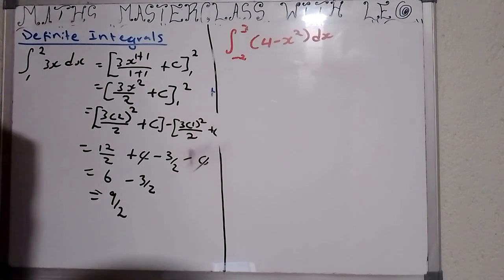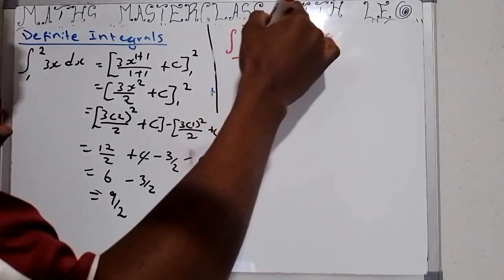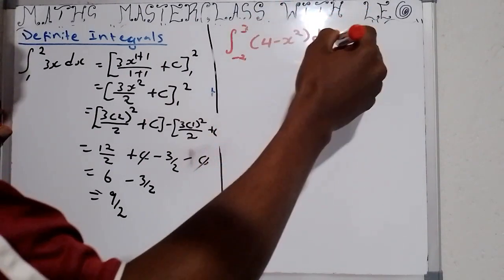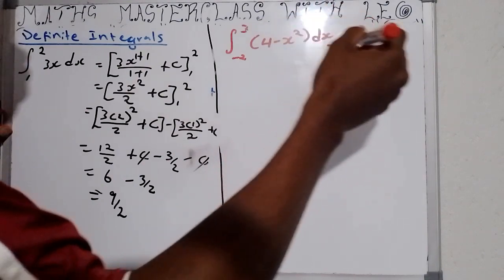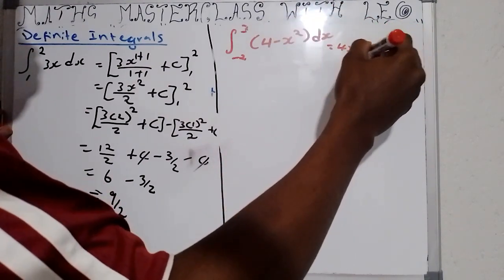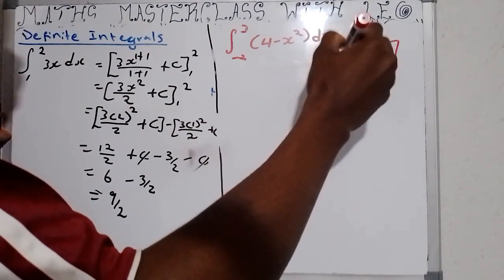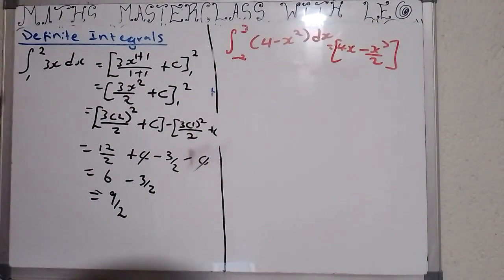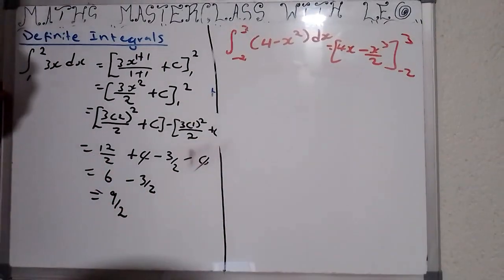So in this case, what am I going to do? I know how to integrate this inner part. When I integrate the inner part, I'm going to have 4x minus x to the power 3 over 3, right? That is what we have been doing on the standard integration. But they said between the limits negative 2 and 3.